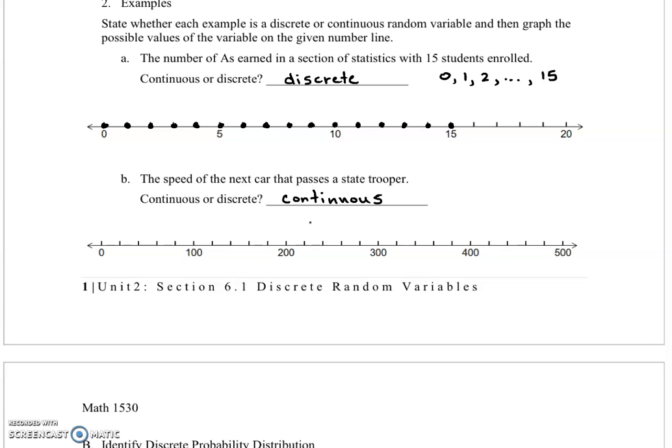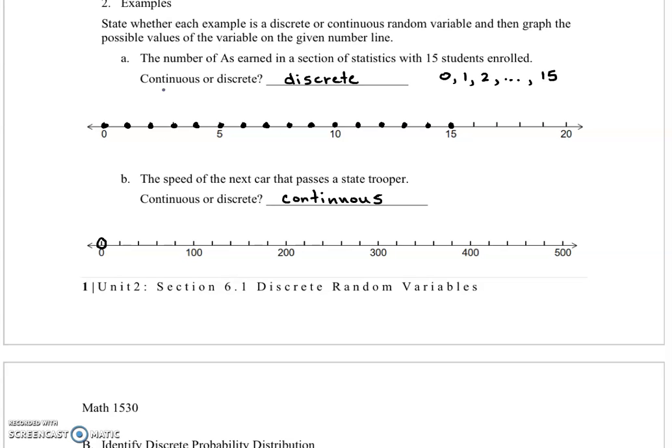So that car technically can't be going 0 miles an hour or it wouldn't be passing a state trooper, right? But it could be going very slowly.